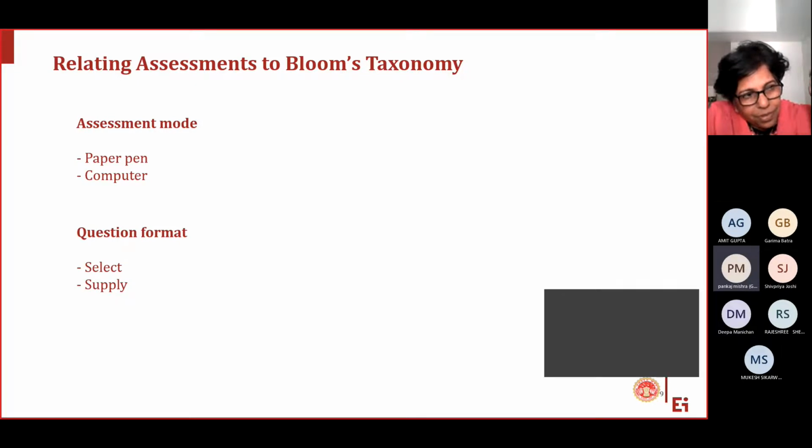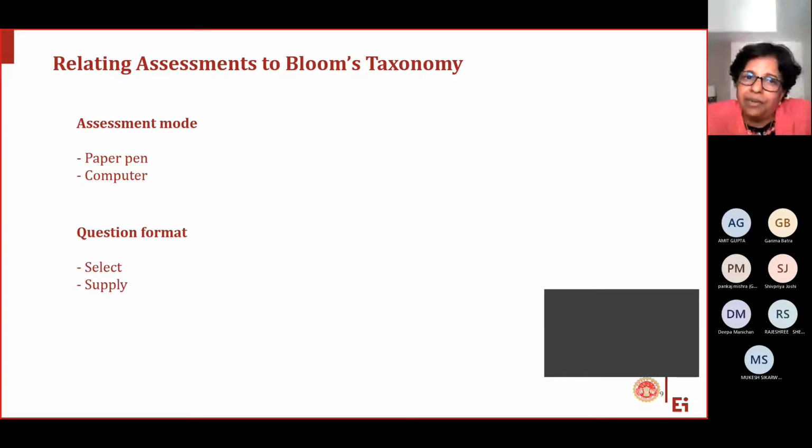Yes, you can say that in a broad sense. That is very true, because even if you ask a child to make a portfolio, or ask a team of children to perform a play, everything comes under the supply category. Anything where you do not give them responses and ask them to do something comes under the supply category. So these are the two types of question formats we can have.